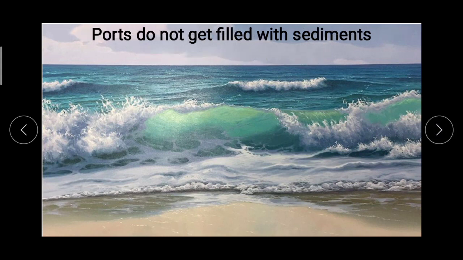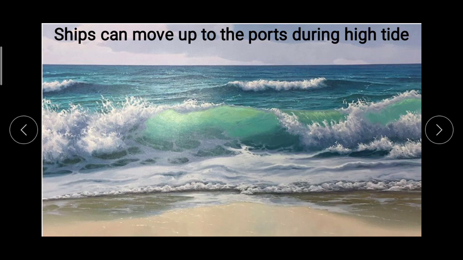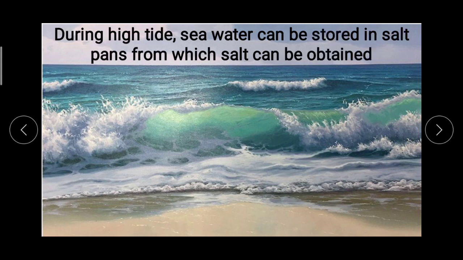Ports do not get filled with sediments due to tides. Ships can move up to the ports during high tide. During high tide, seawater can be stored in salt pans from which salt can be obtained.